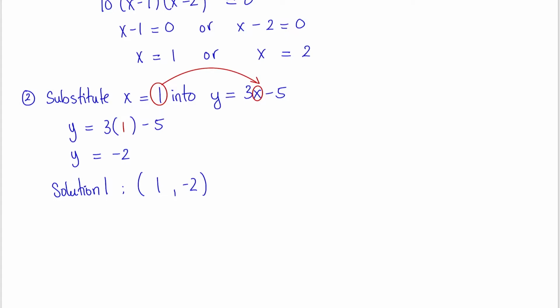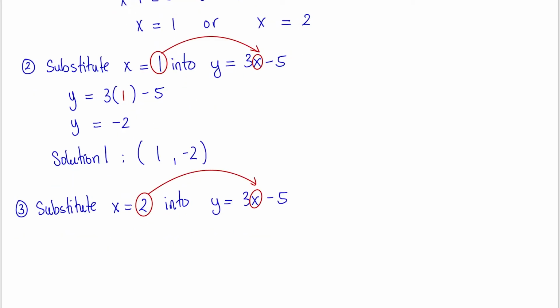Next, I need to substitute x equals 2 into the equation y equals 3x minus 5 to find my second solution. And I have y equals 3 times 2 minus 5. 3 times 2 is 6. 6 minus 5 is 1.